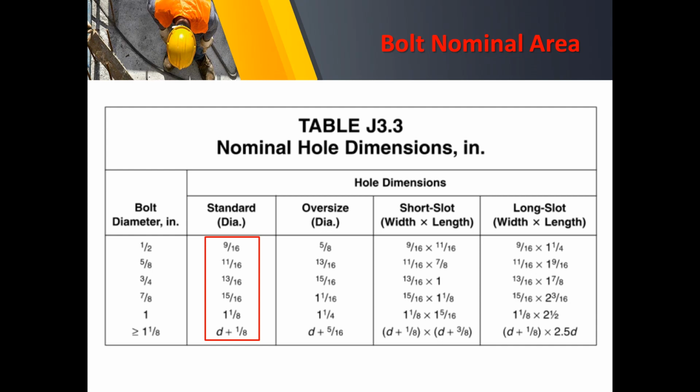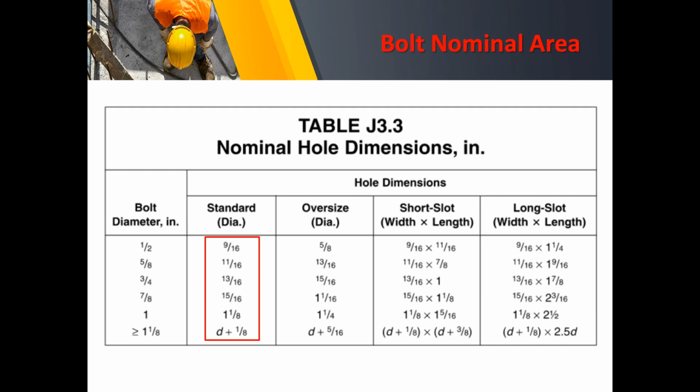So what I mean is that when we calculate the area here, we should take note that the diameter is not the width itself, but we have to refer to this table.